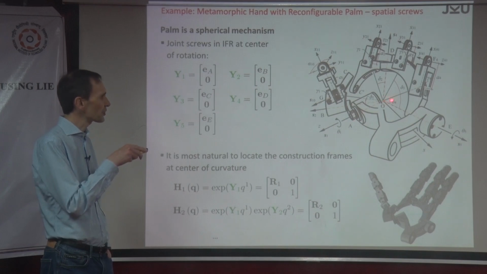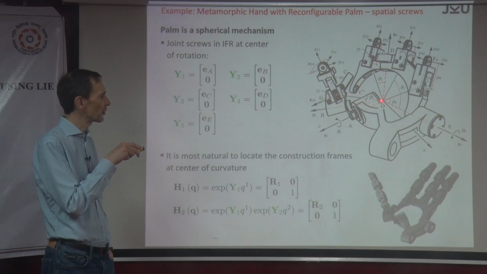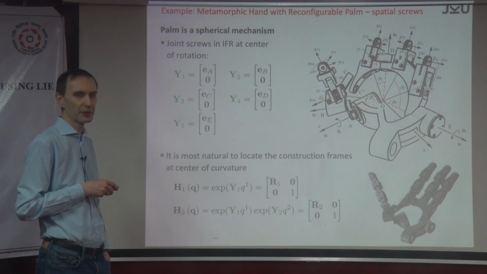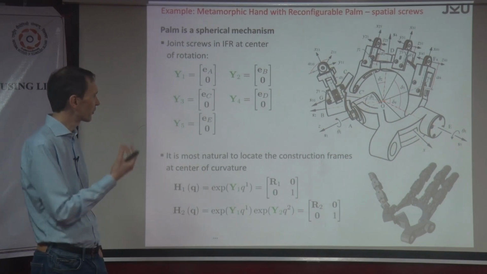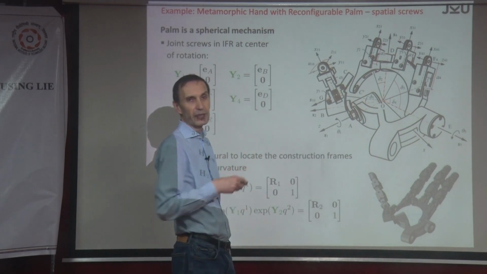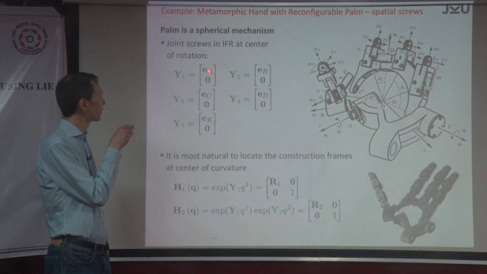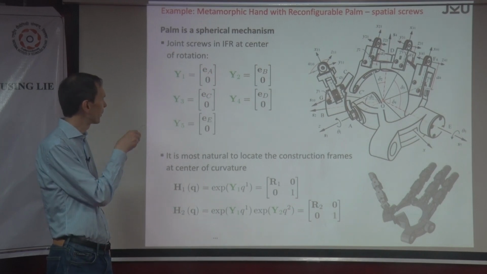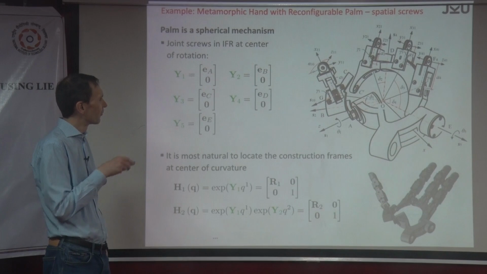For such a mechanism, it makes sense to place the frame at the center of rotation, at the intersection point. When I place my spatial reference frame at this point, first look at the unit axes. We have unit vectors for joints A, B, C, D, E, and they go along this way.